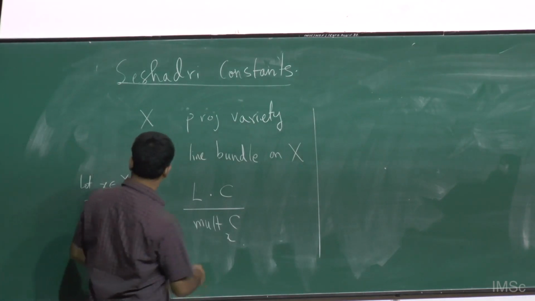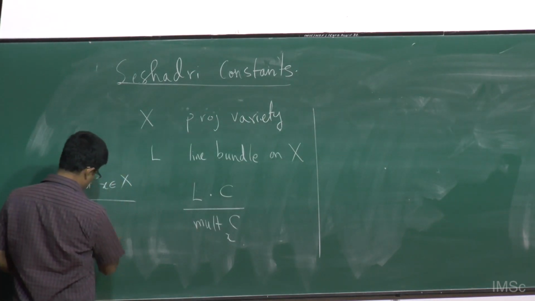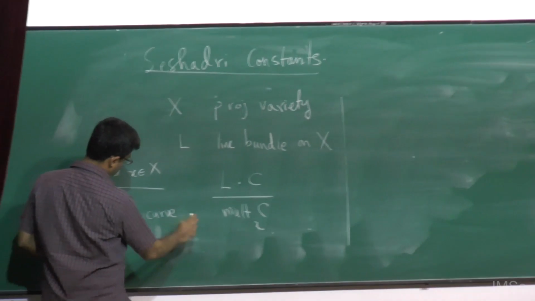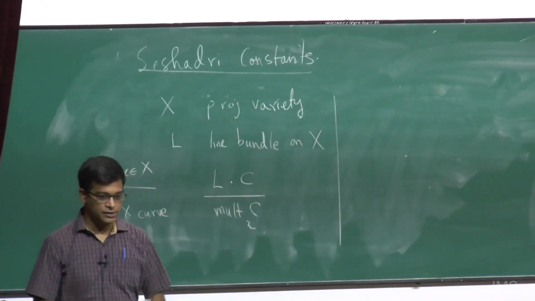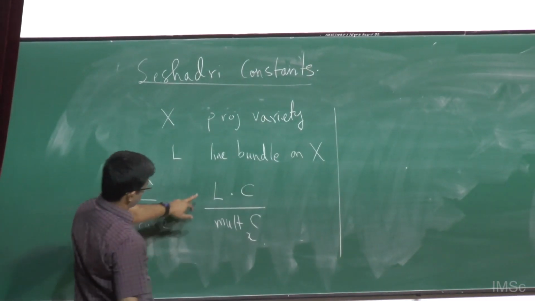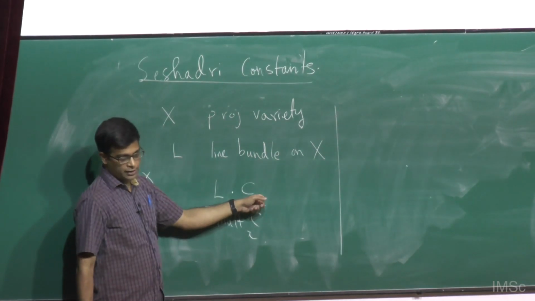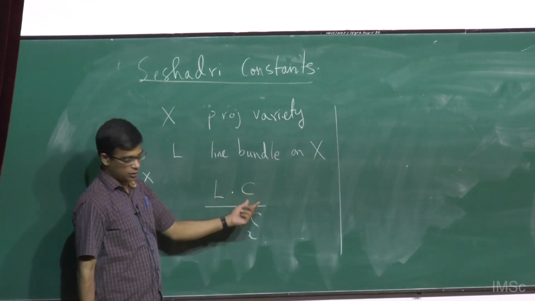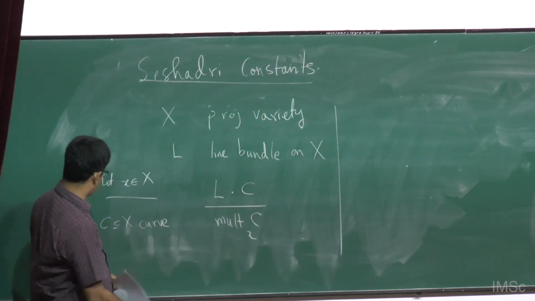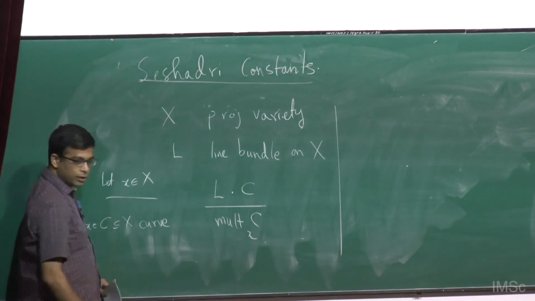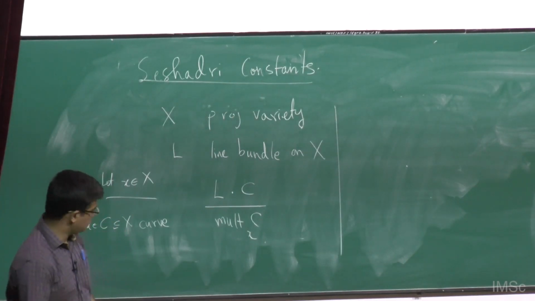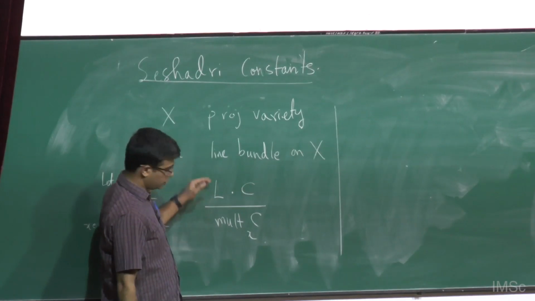So where C is a curve. So C is a curve on the variety, and we look at this rational number. Numerator is the intersection number of the bundle with the curve. Denominator is the multiplicity, so we'll assume that x is a point on the curve, so that this is non-zero, this is a positive number.